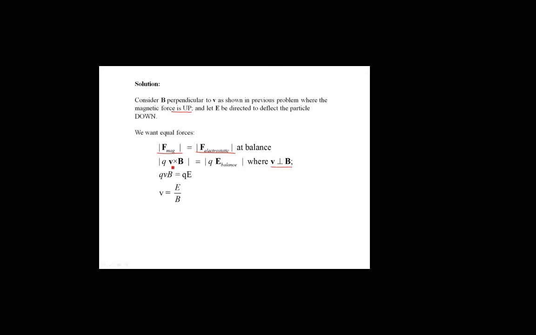Well, that makes this V times B. And we're only interested in the magnitudes, so we get Q times V times B. On this side, we have QE here, and this should be E balance. So solve for V, and this is the relationship which gives you the condition where you have balance. And so what you've done is selected a V by the ratio of these two field values.